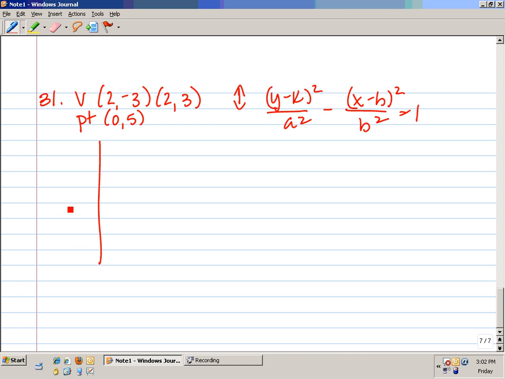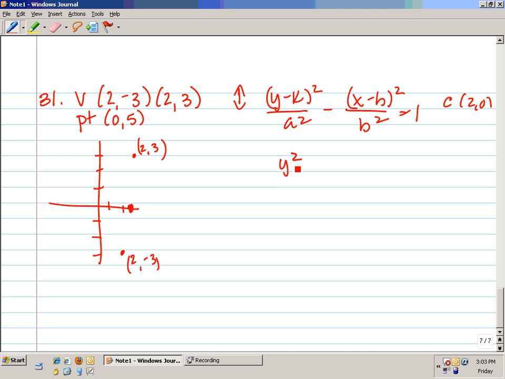I always sketch it quickly because this is kind of how I have to see it. This is 2, 3, and this is 2, negative 3, so my center is at 2, 0.